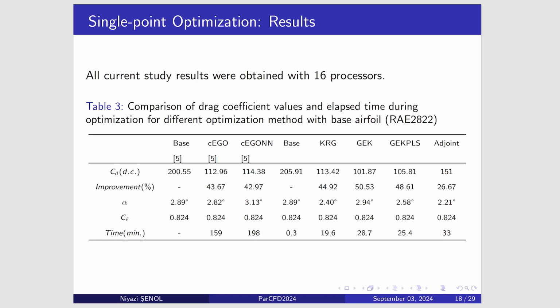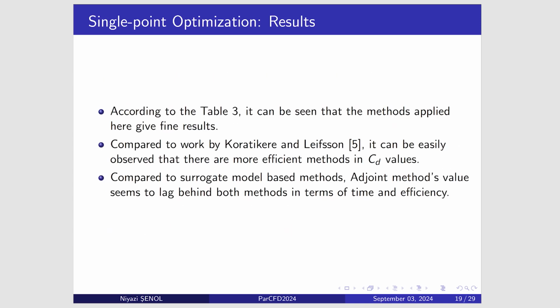The adjoint is not good; the improvement is nearly half of these ones. The angle of attack is changed due to applying the CL conditions. And these are the times in minutes. Comparing the results, it can easily be observed that there are more efficient methods in CD values, and the adjoint method seems to lag behind the other methods in time and efficiency.